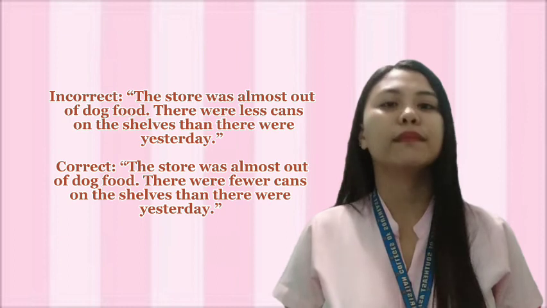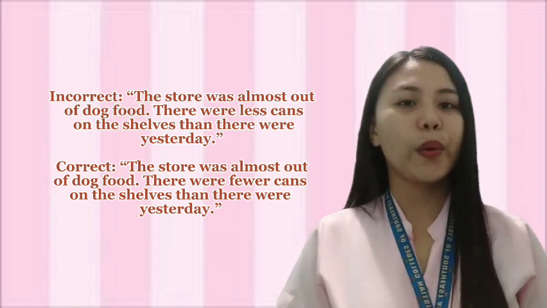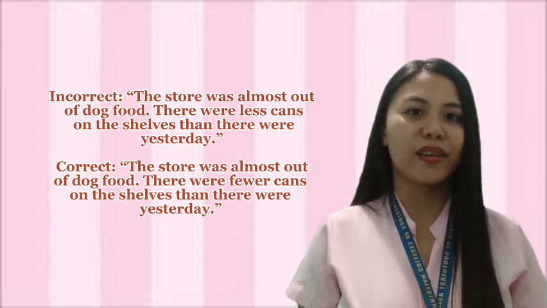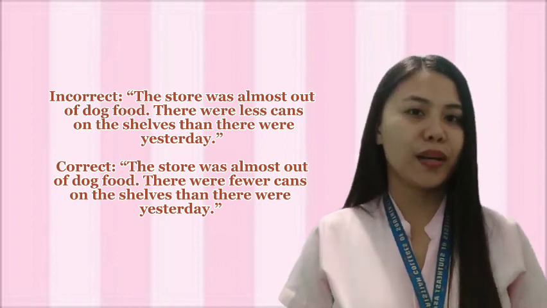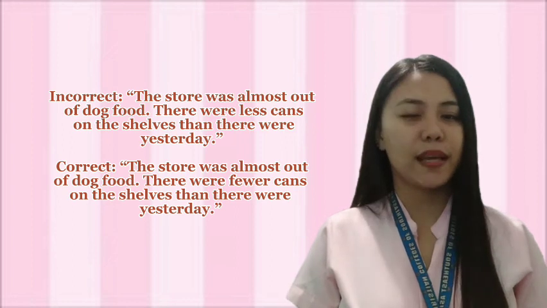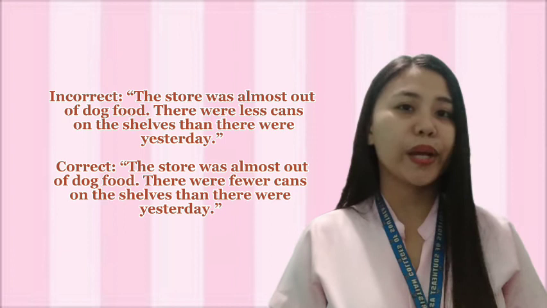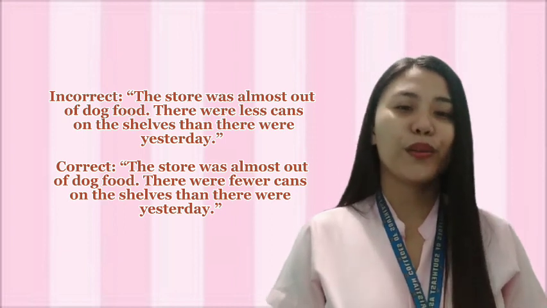For example, the store was almost out of food. There were less cans on the shelves than there were yesterday. The proper version is: the store was almost out of dog food and there were fewer cans on the shelves than there were yesterday.